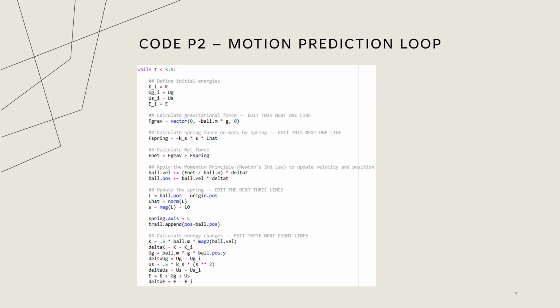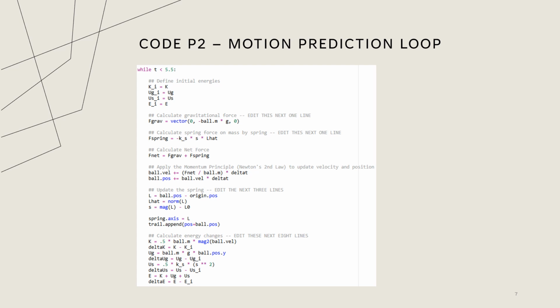Part of our code, arguably the most important part, is the motion prediction loop. We first define our initial energies, as we said earlier in the code, and then we have formulas for the two forces acting on the mass, and F net being a combination of those two. Then we apply the momentum principle to update the velocity and position.